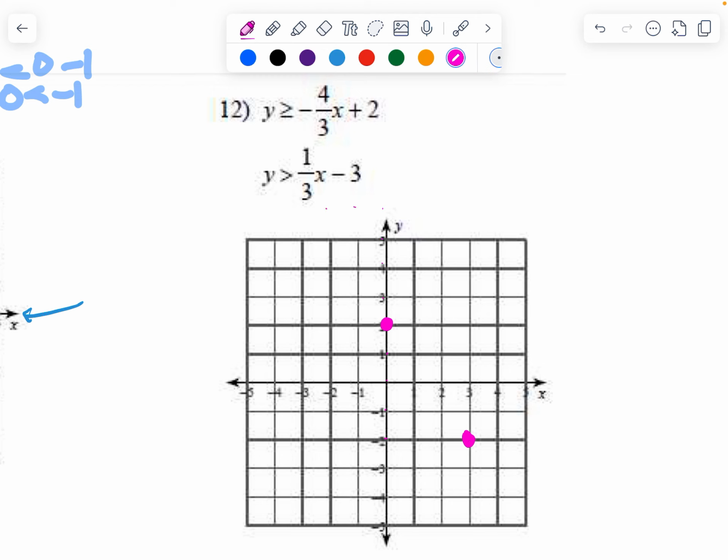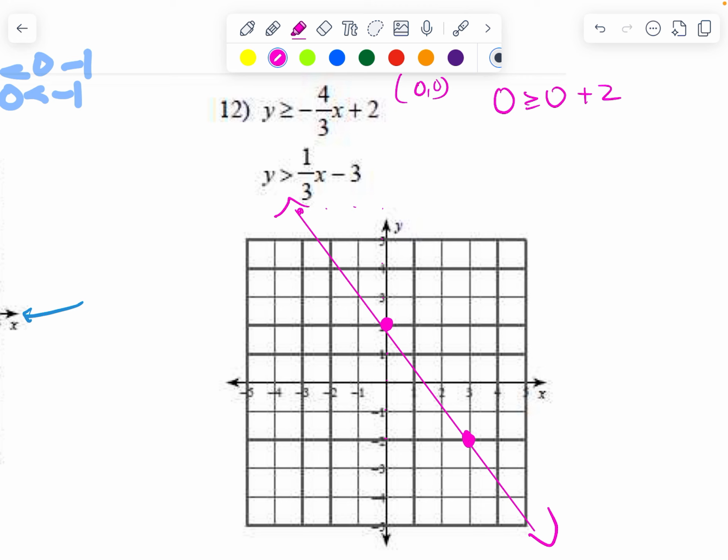Is that right? Yeah. And it's greater than, or you can put in the point 0, 0 to see if it works. So 0 is greater than or equal to 0 plus 2. It is not greater than 2.